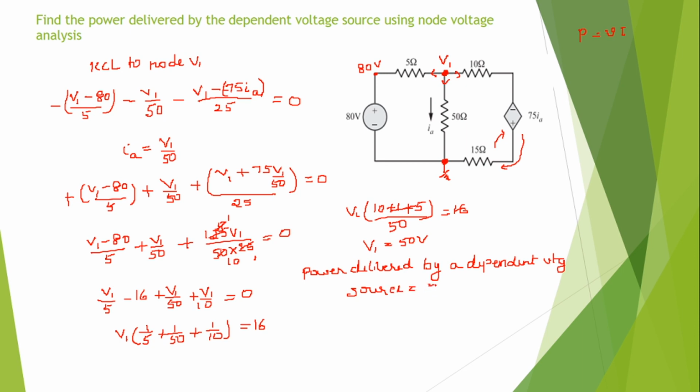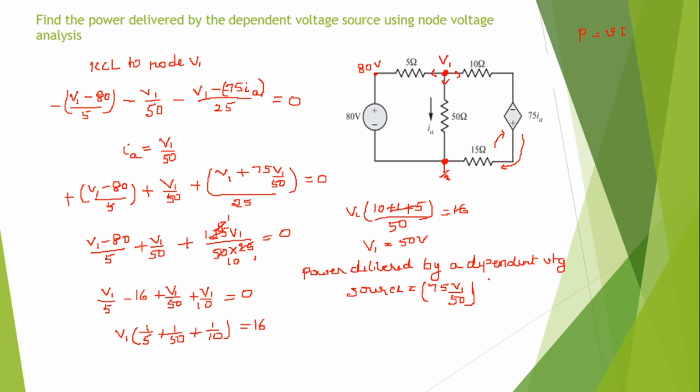It is 75 IA, and IA means V1 by 50. What is the current through this one?